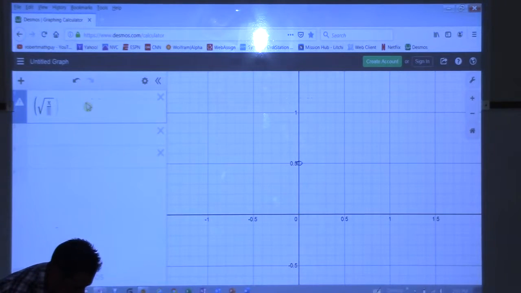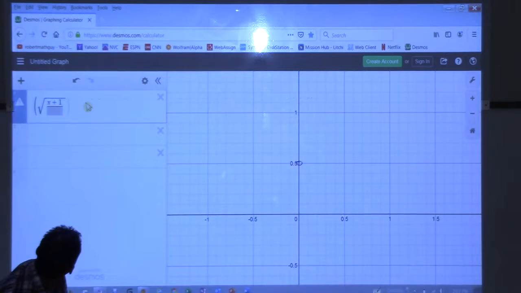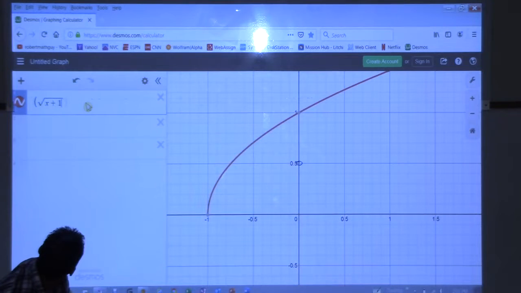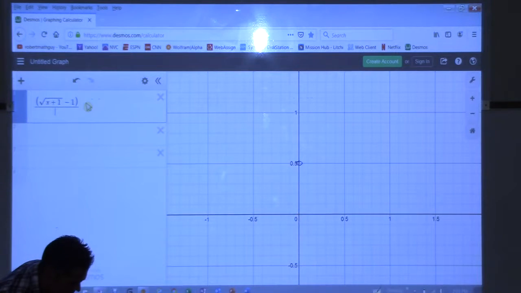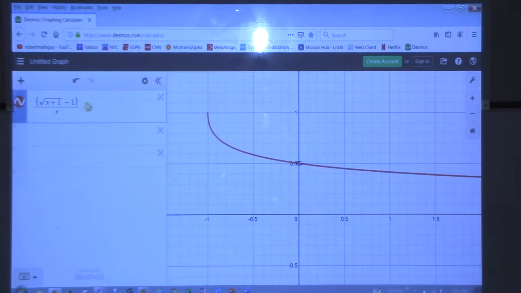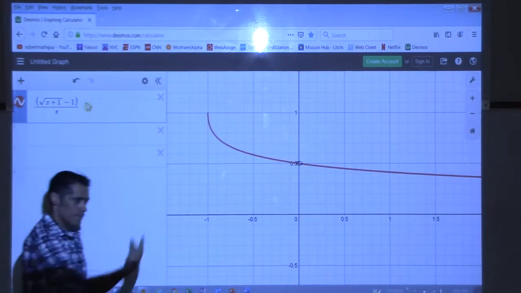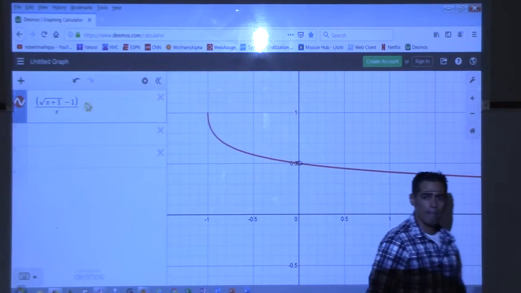Okay, x plus 1. All right, and then minus 1. And then all that divided by x, right? There it is. Does what it's supposed to, right?